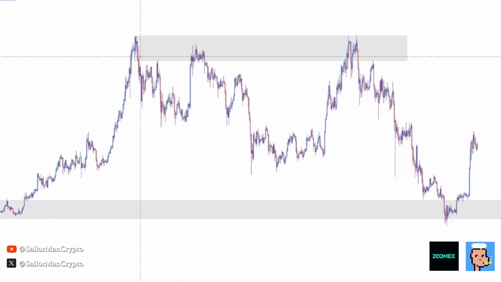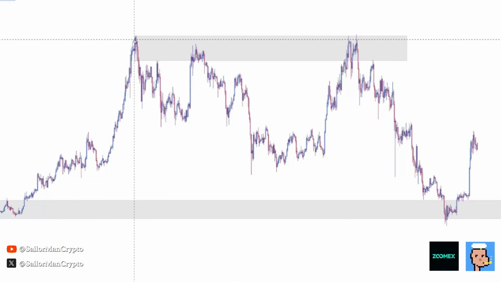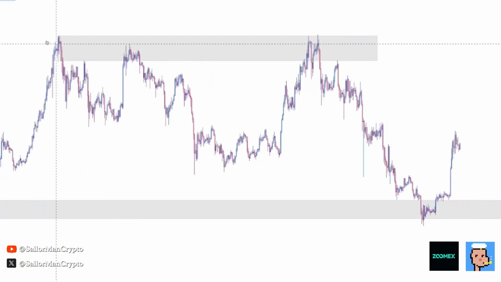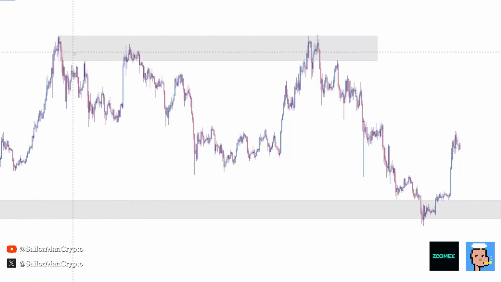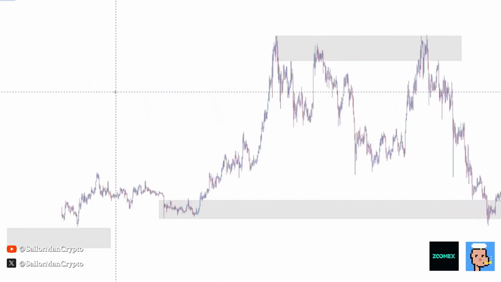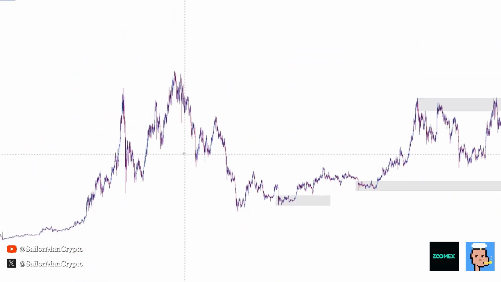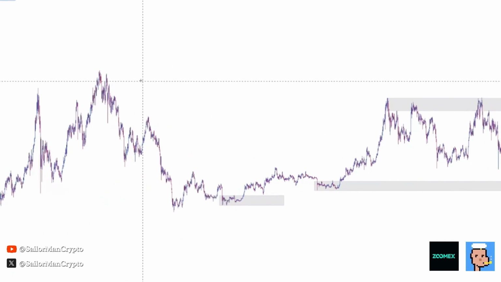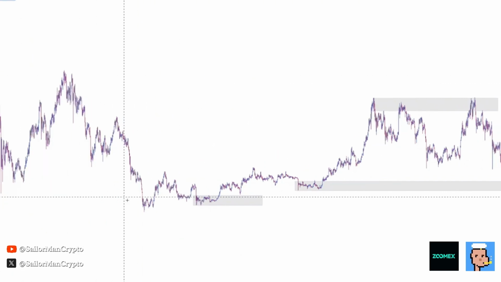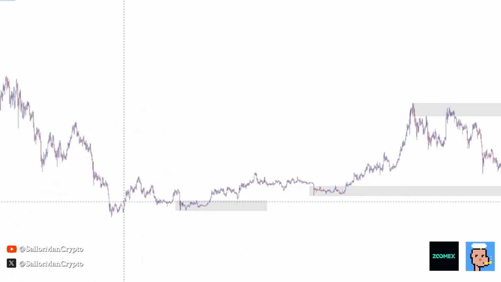So in this case we do get the displacement, that is this one. We do get the market structure break. Just this consolidation was very, very small, so it didn't last long. But this has something to do with the way the market moves. Usually bottoms take time to form, while tops are a little bit faster to form.